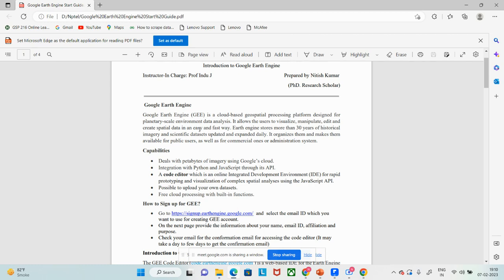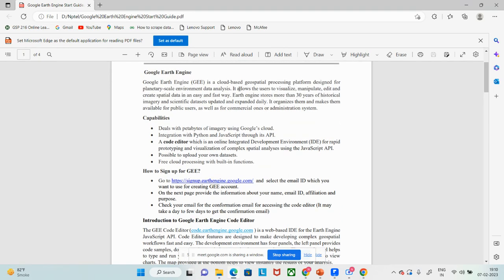It is a cloud-based geospatial platform. Landsat data is available from Landsat 5 and 7, every Landsat, and Sentinel data also, and MODIS data. These very commonly used datasets are all available there.